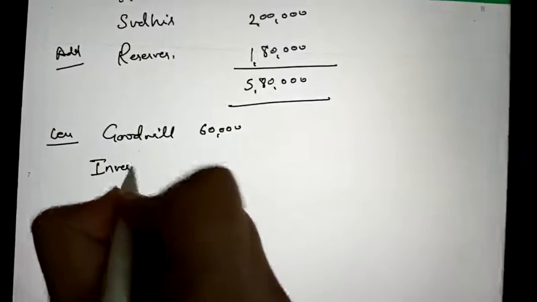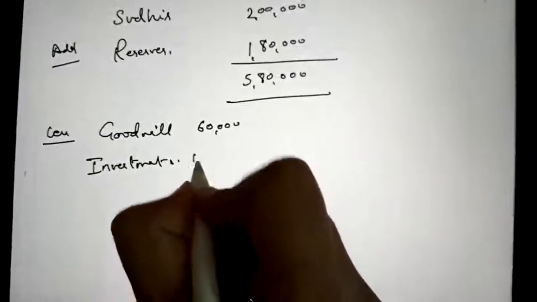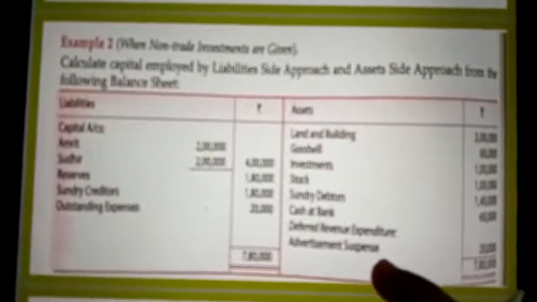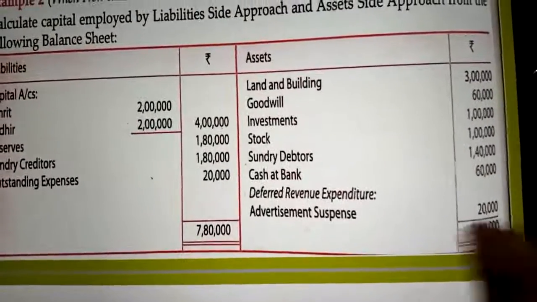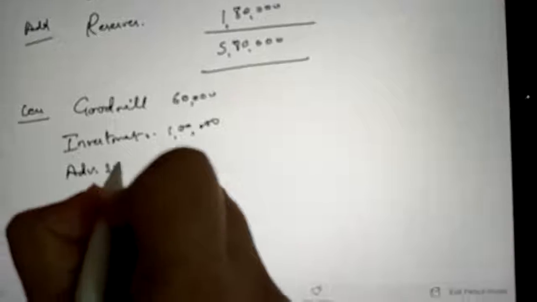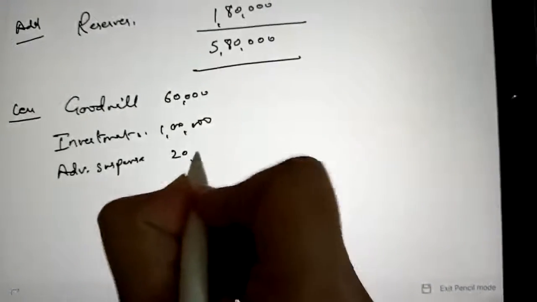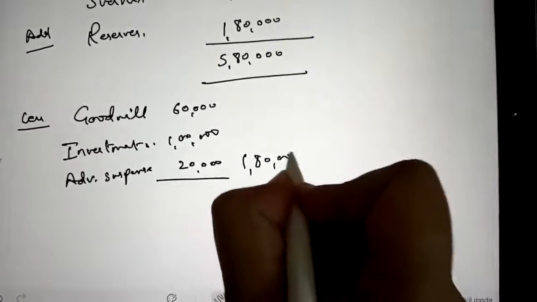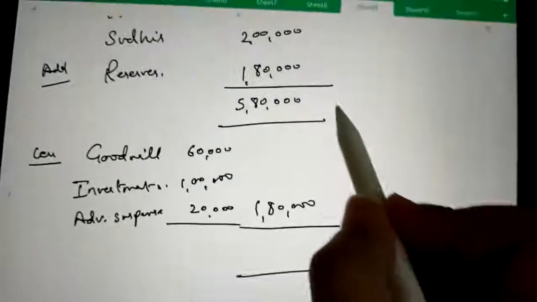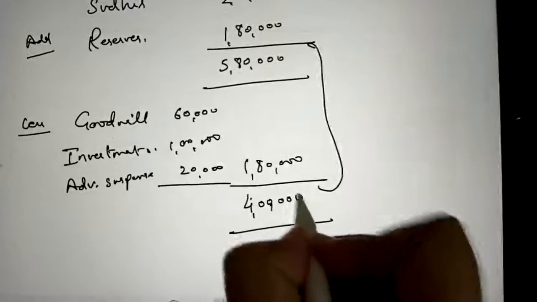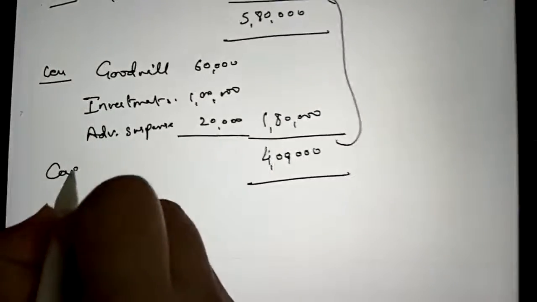And the last is advertisement suspense account, given to us 20,000. So its total comes 1,80,000. So 1,80,000 is deducted from 5,80,000. The answer comes 4 lakh. So it is the capital employed.